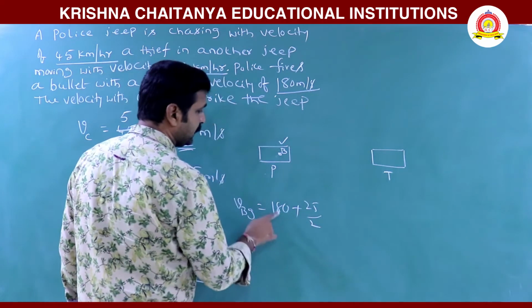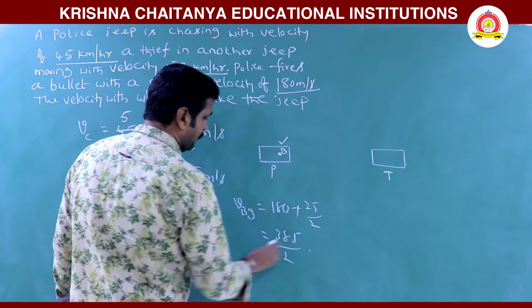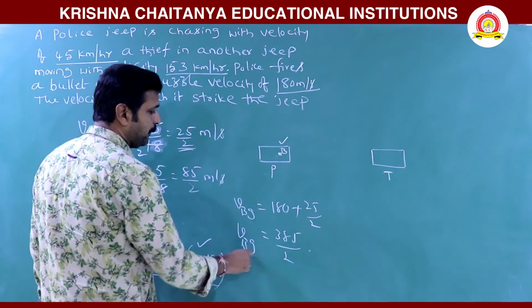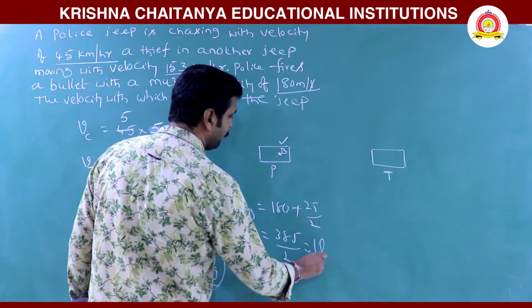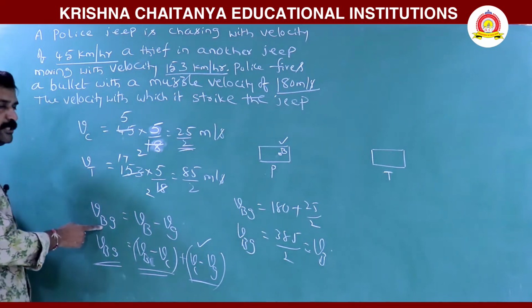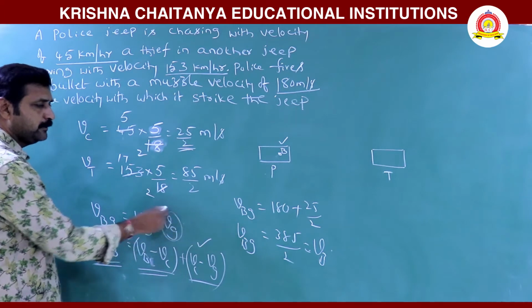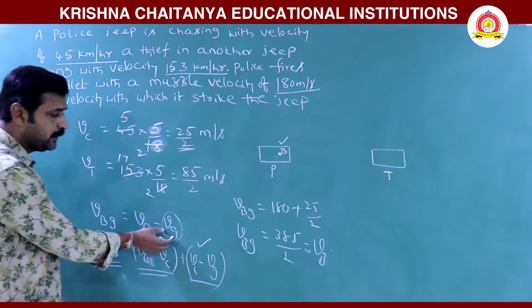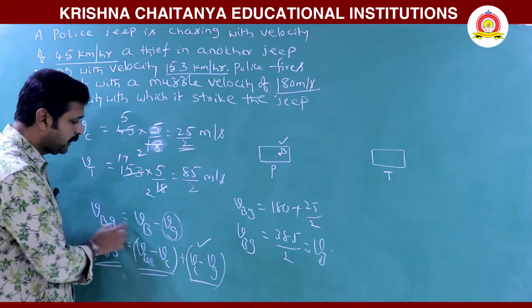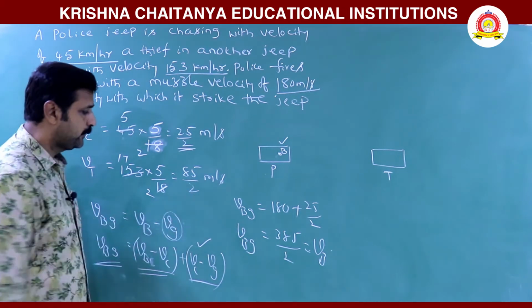The total is 360 plus 25, 385 by 2, which is also written as Vb alone. Why Vb alone? Vbg is Vb minus Vg, and Vg is generally 0. So Vbg can be written as Vb, which is 385 by 2.